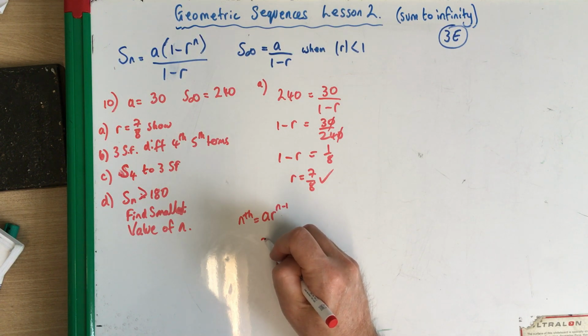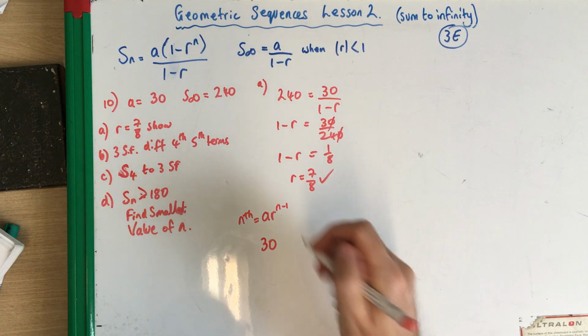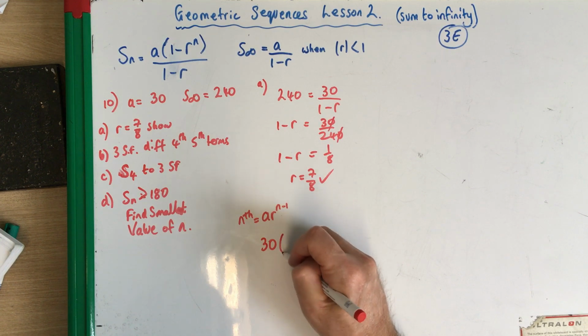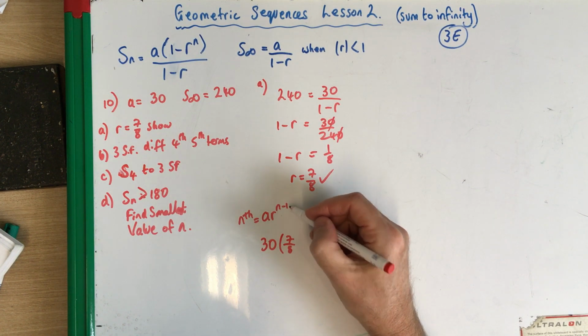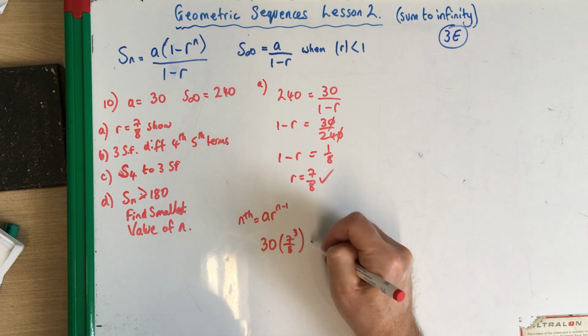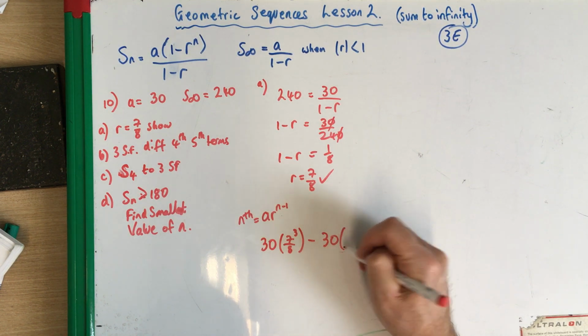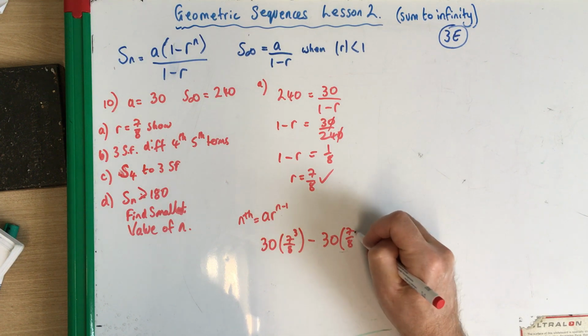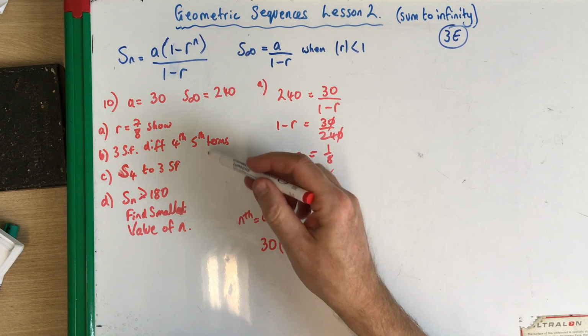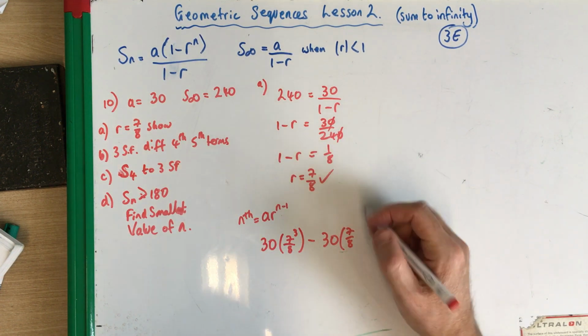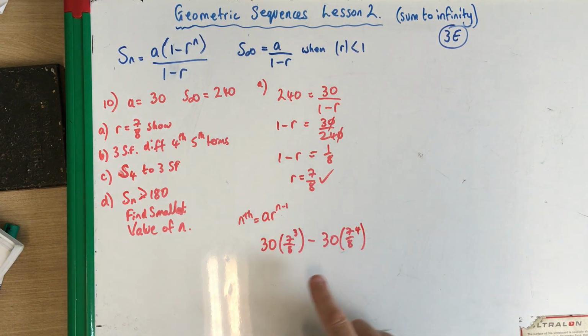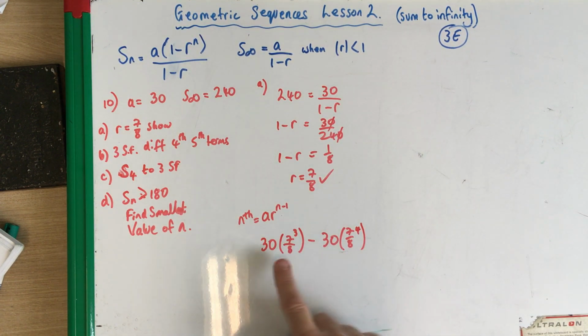So this is going to be a is 30, common ratio times 7/8 to the 4 take away 1, which is 3, minus 30 times 7/8 to the 5 take away 1, which is 4. And you see the terms are getting smaller, so this term is going to be smaller than that one, so it's best to do it that way around.